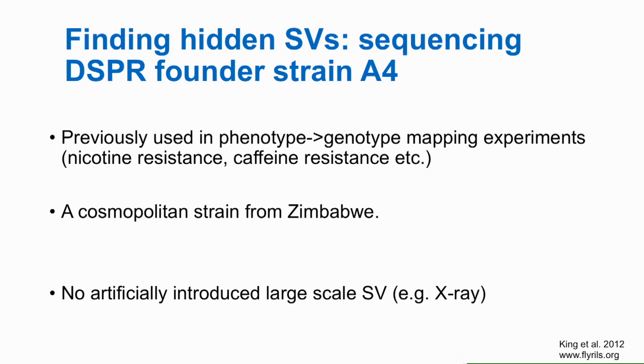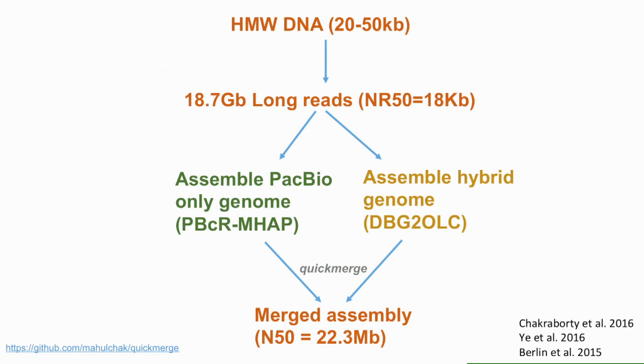Fortunately for us, we didn't have to wait another 15 years because we have PacBio long molecule sequencing. This is how we generated the assembly for A4. We collected really high-quality genomic DNA, which was then used to generate 18.7 gigabases of long reads. 50% of that data is contained within reads of 18 kb or longer. Then we created two different assemblies.